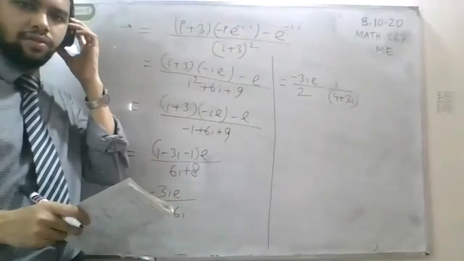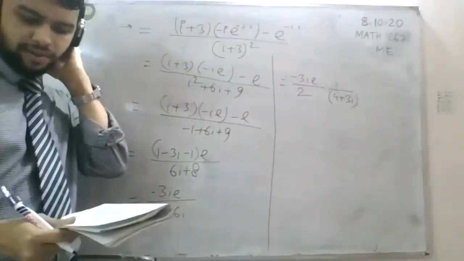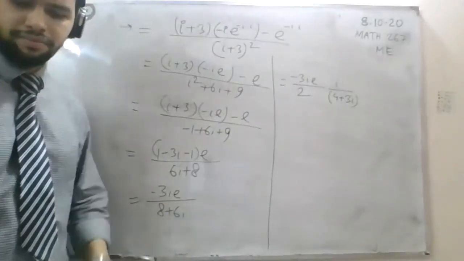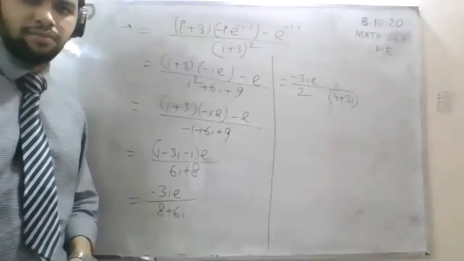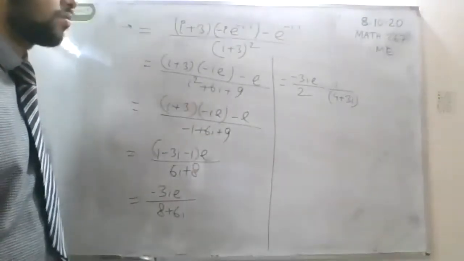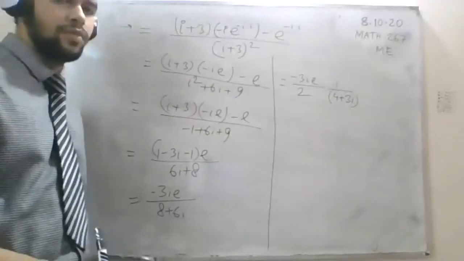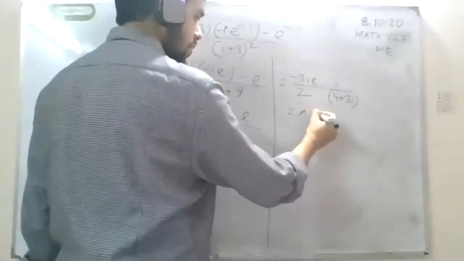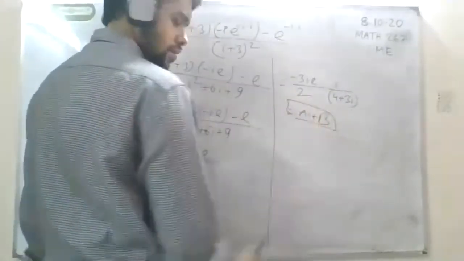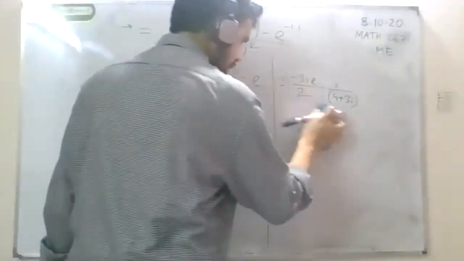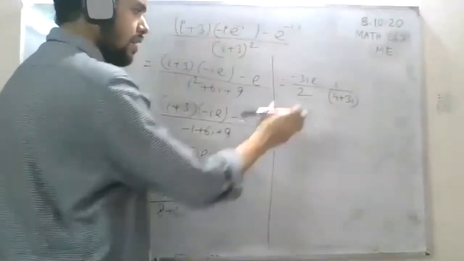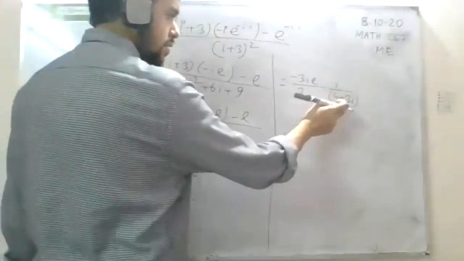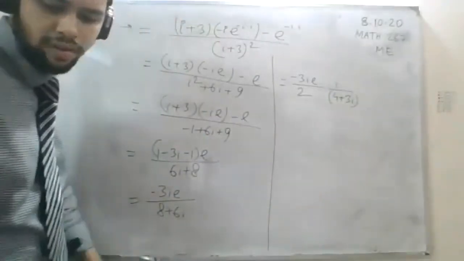Now tell me what we have to do here. You have to multiply the numerator and denominator by the same thing. So you have to express this thing as a i plus b. To make these things in this way, you have to multiply the conjugate of this term, which is the complex conjugate.